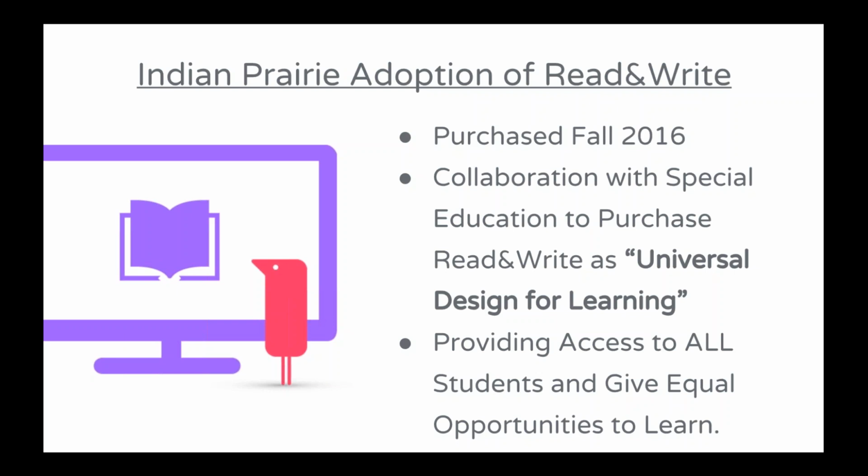But because we purchased it under this universal design for learning, we were able to provide access to all students because we know no matter what level, all students can utilize support, and this gave everyone an equal opportunity to learn, and it didn't limit who had access to what, right?